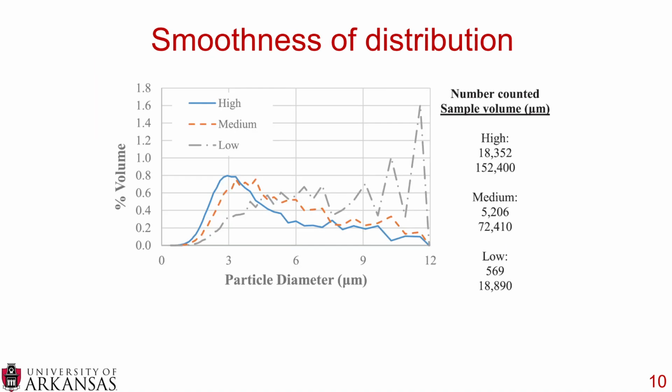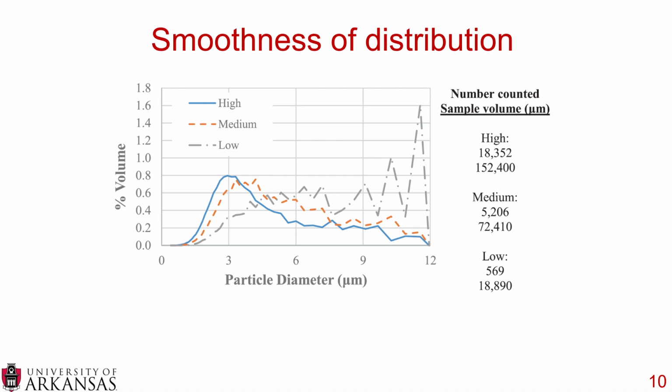Now, the first thing that we took a look at was the smoothness of this distribution. One of the reasons that we did this research was that there are a lot of features on particle size analyzers that you can change. For example, one of them is the sample volume and how many particles you count.